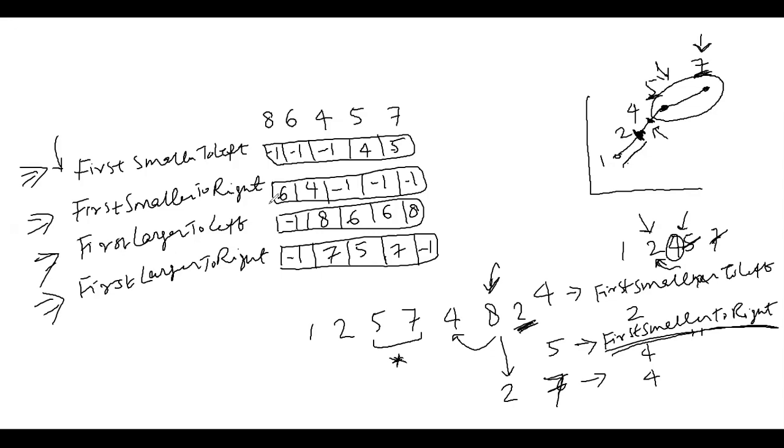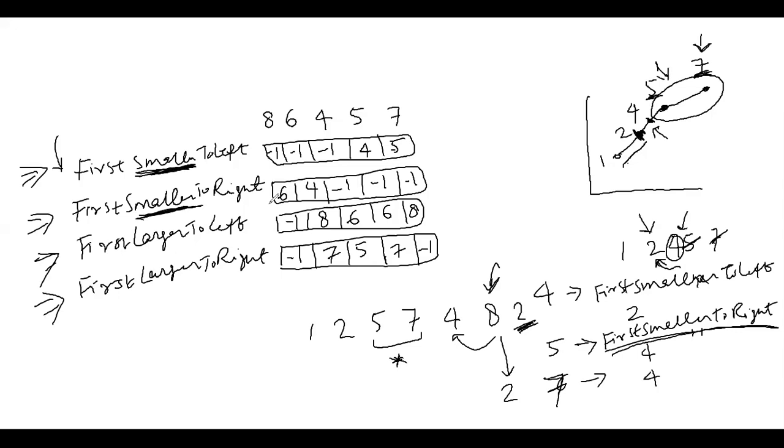Any questions? If not, then we will go to the same thing, but now the decreasing sequence. Remember, when we maintain an increasing sequence, we are able to derive smaller values towards both directions, left and right.